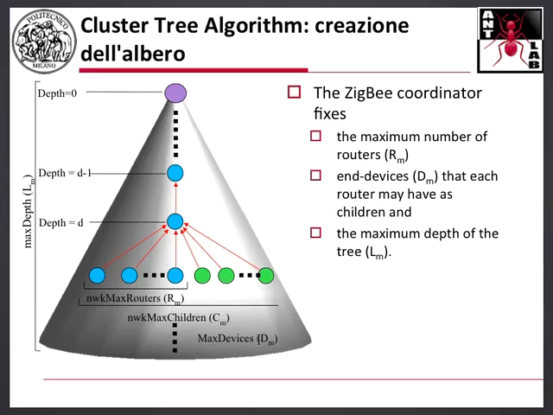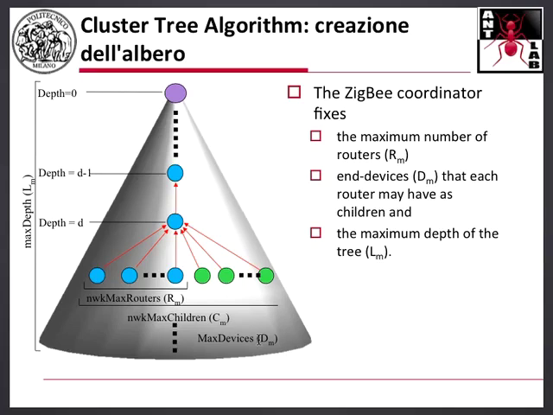All these parameters are managed by the ZigBee coordinator. It's the ZigBee coordinator which, in the network bootstrap phase, the network startup phase, signals these parameters downwards. So they are somehow prefixed. You can take them as prefixed.